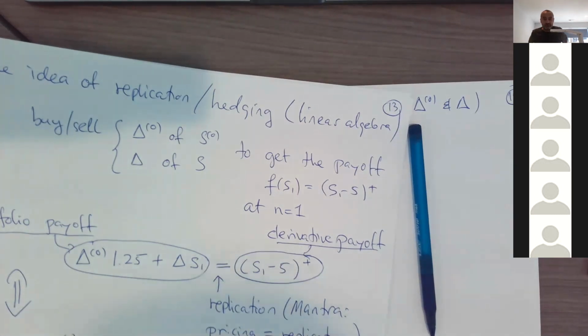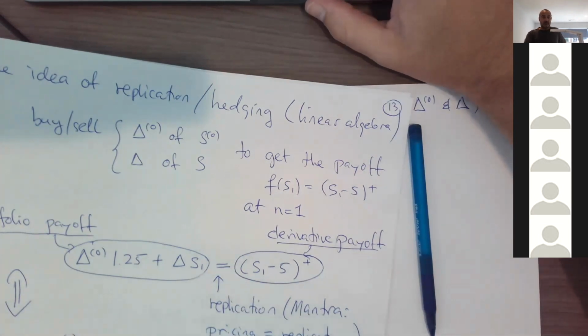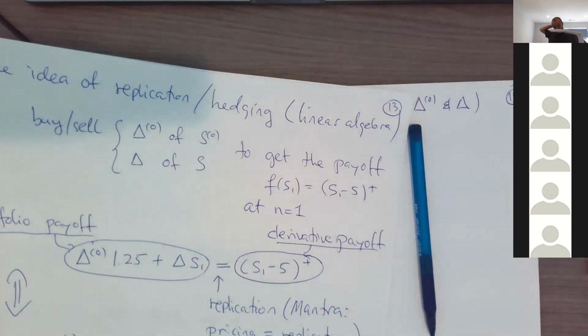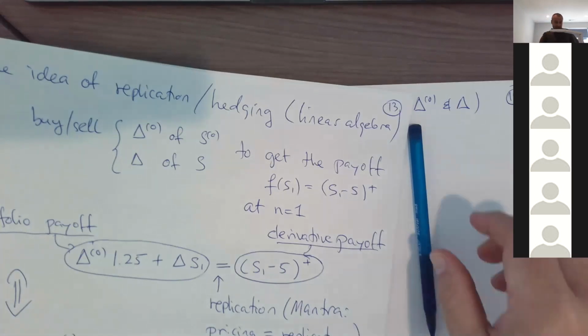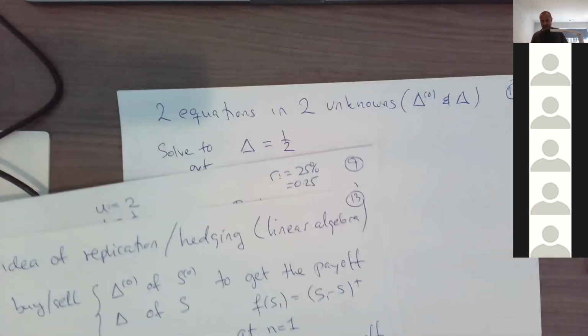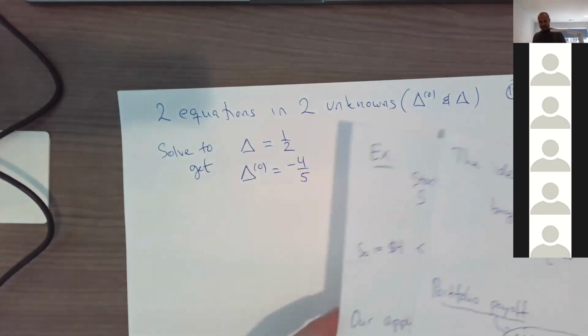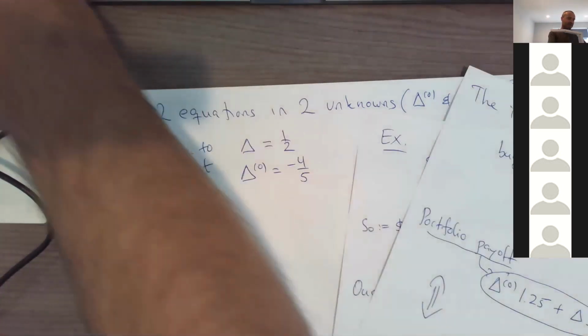There are lots of questions here. There's a question: would it not depend upon the probability of going up and down? Maybe it will be the expectation. One thing to note about all of this is that I haven't said anything about the probability of these things happening.